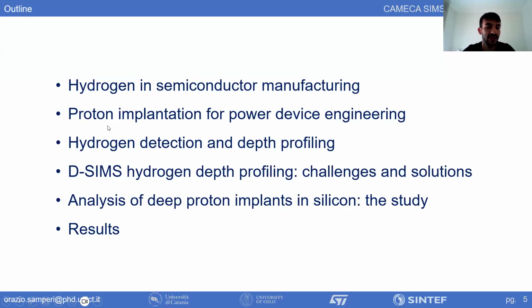Then I will say some words about the importance of proton implantation. Then we will move to the problem itself, the hydrogen detection, all the techniques you can use, and so on. We will focus at the end on the profiling by dynamic SIMS. Then we will see my results.